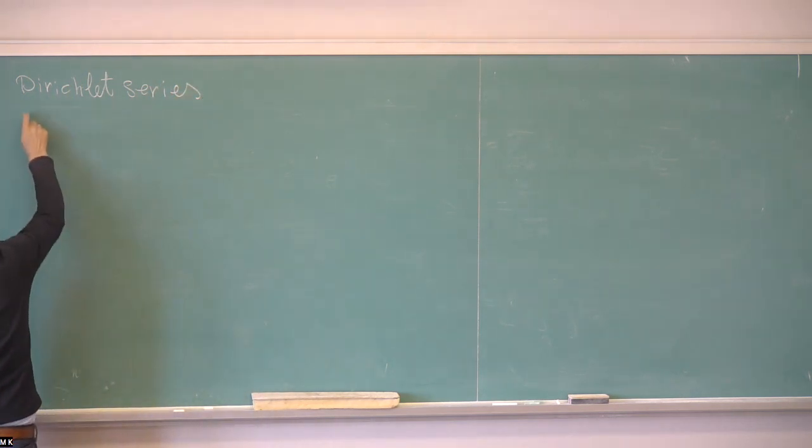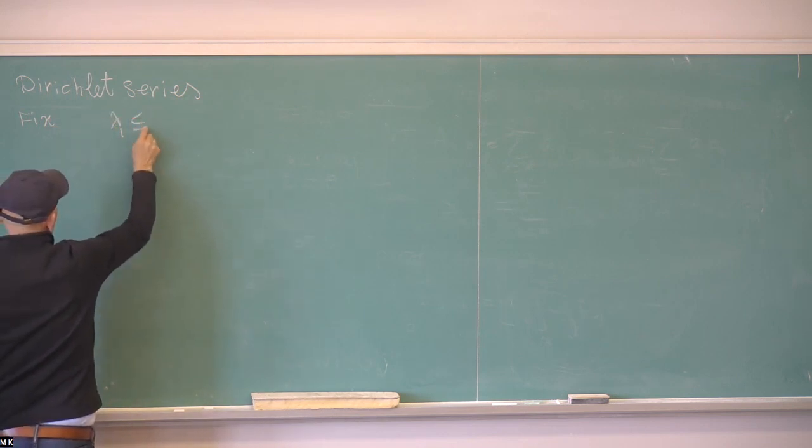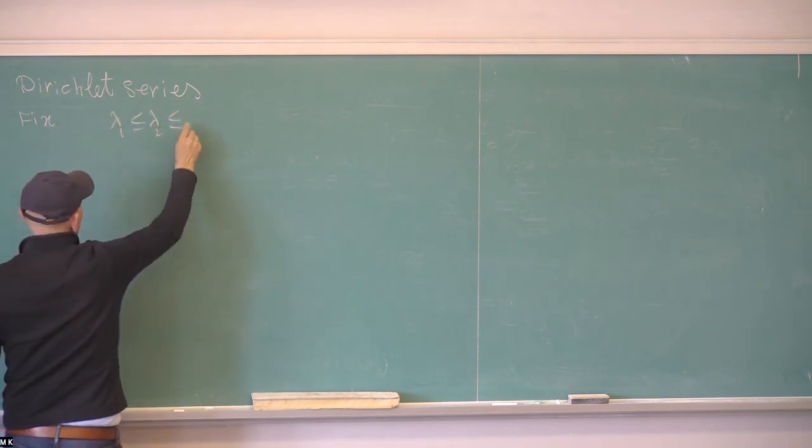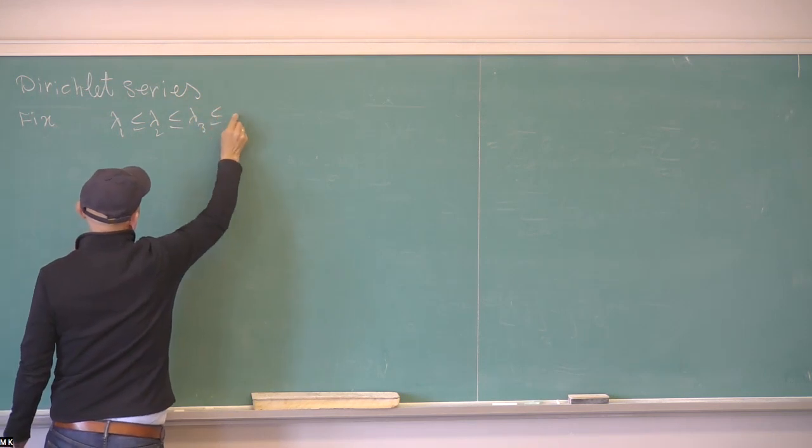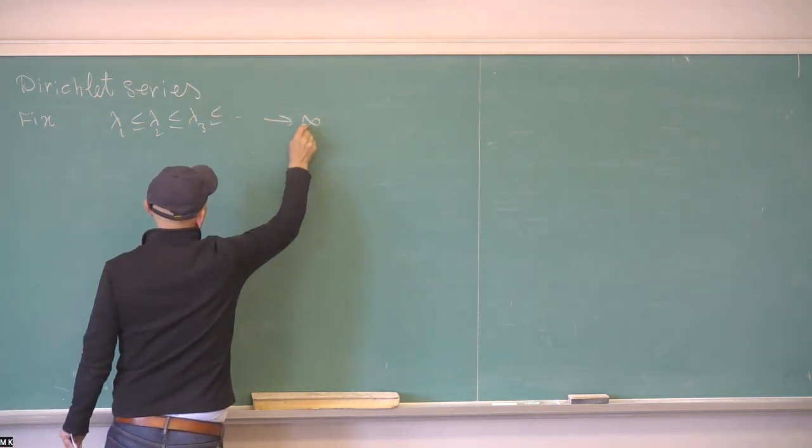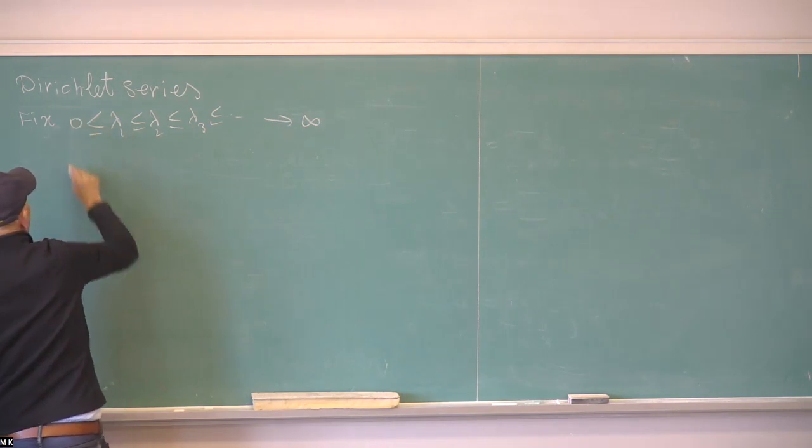Okay, so you have to fix two pieces of data. First of all, a sequence lambda 1 less than or equal to lambda 2, lambda 3, and so on, going to infinity, non-negative.